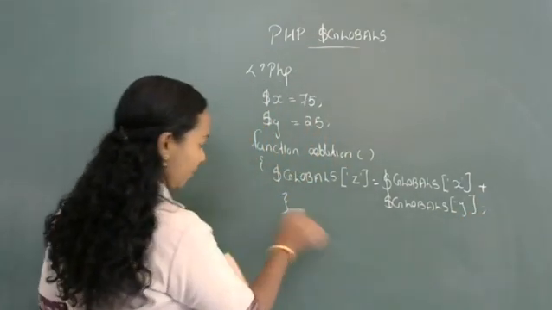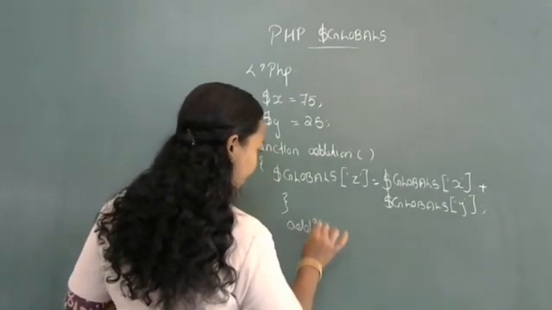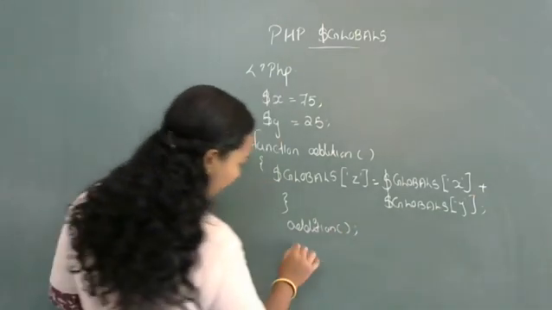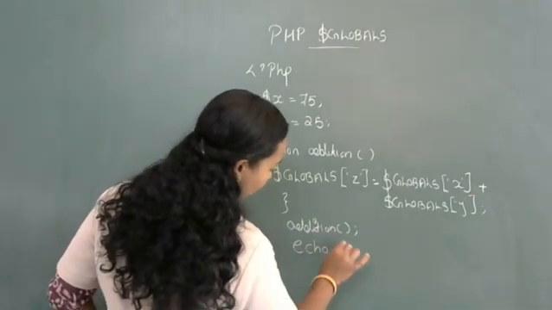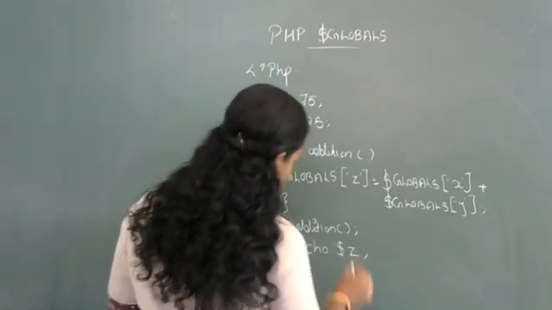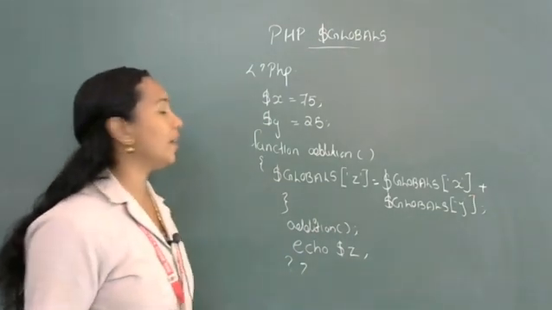Then close the function bracket. Then I am calling the addition function. After that echo $set. Echo $set, close the PHP program.